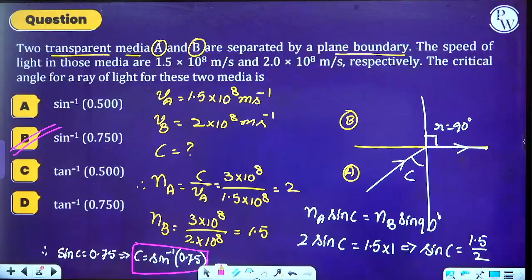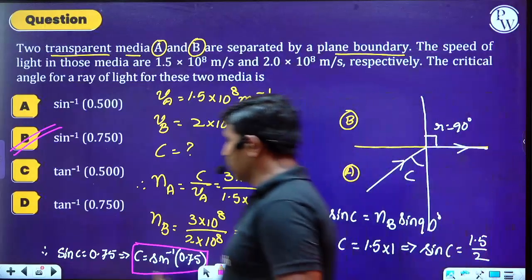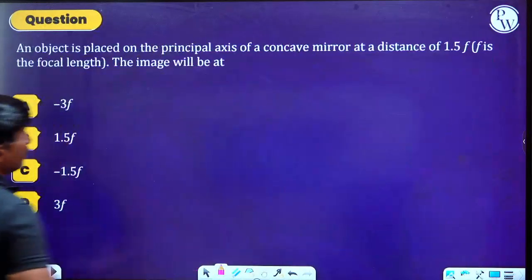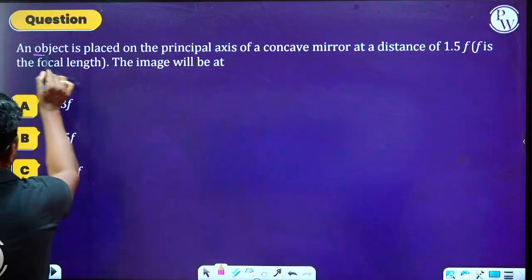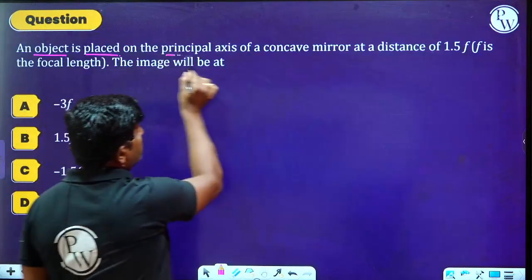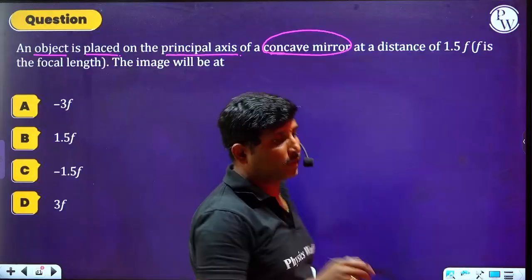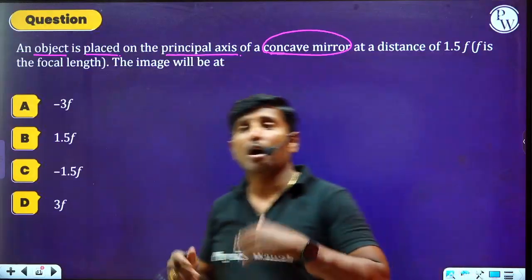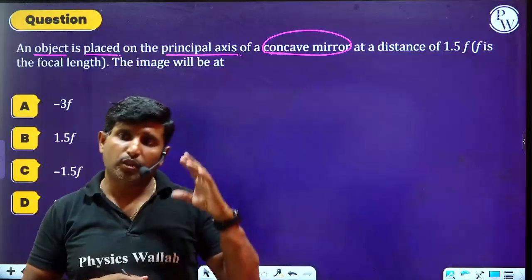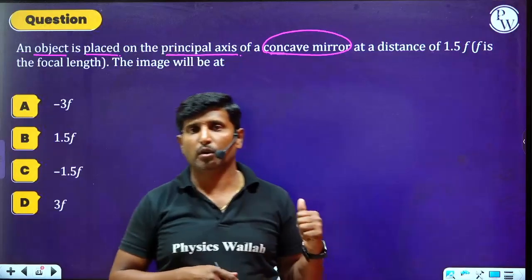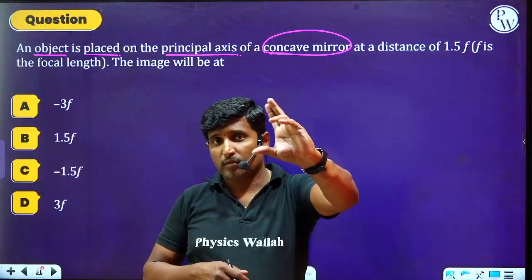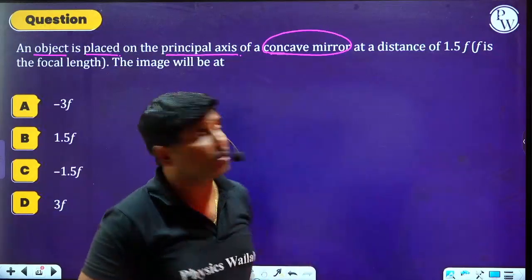So similarly, move on to the next question. What are they saying to us? An object is placed on the principal axis of a concave mirror. Whenever we are solving problems based on mirrors or lenses, first we have to concentrate on the nature of the mirror given to us.